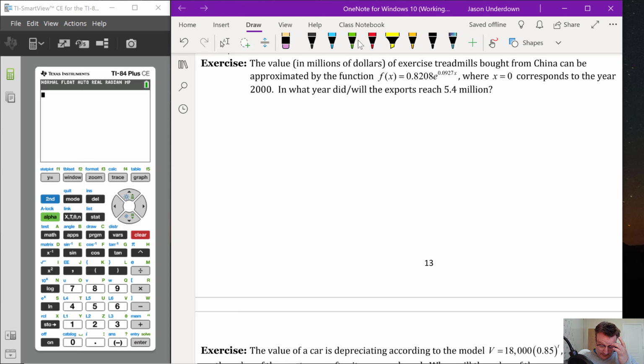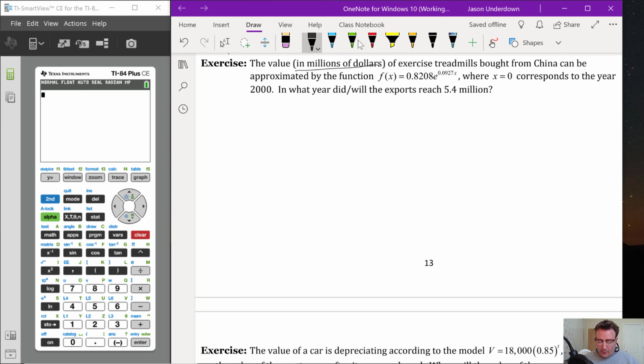Okay. I think the first thing to check is to verify that this function is already using units of millions of dollars. And indeed, yes, the function f of x is measuring the value of exercise treadmills in millions of dollars.